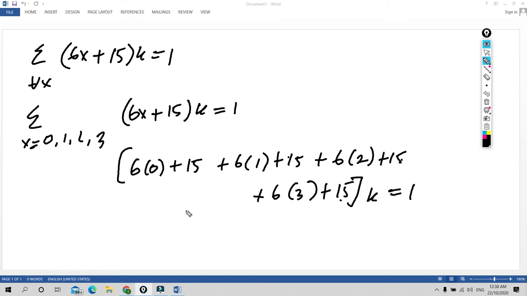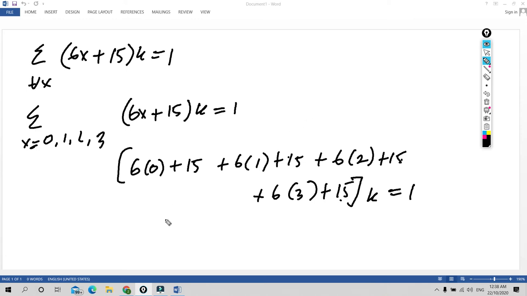So we have 4 terms of 15. 15 multiplied by 4 is equal to 60: 15, 30, 45, 60.